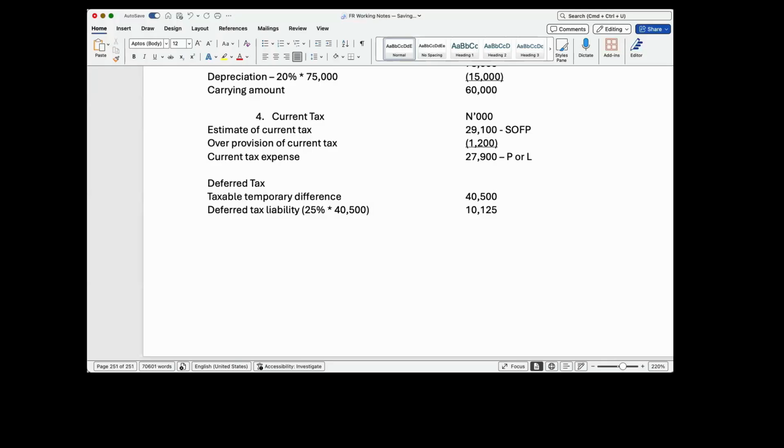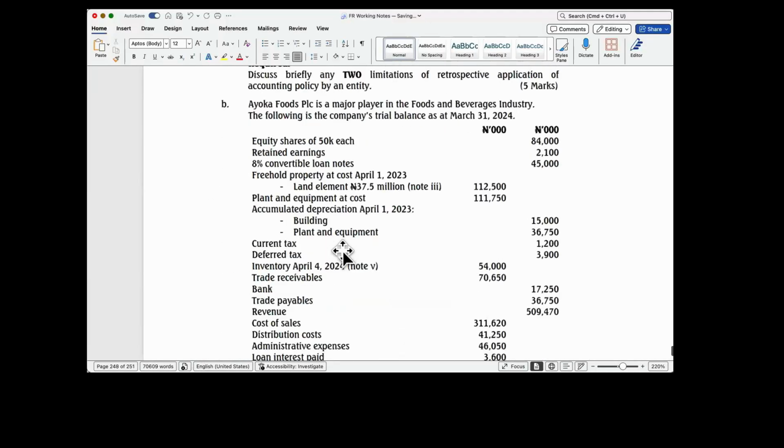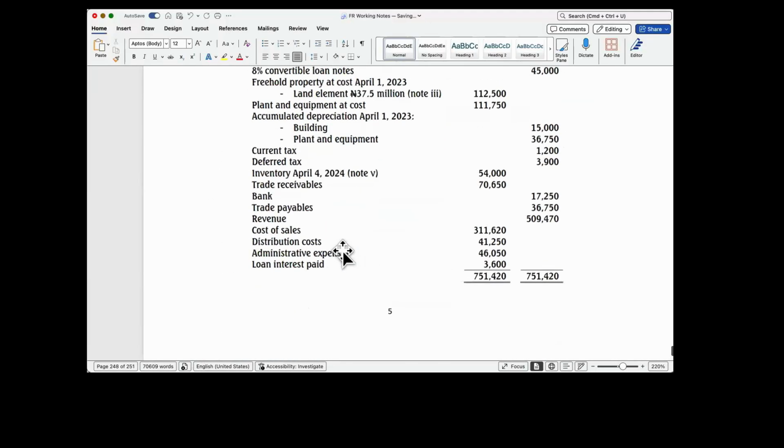So this is my deferred tax at the end of the year. This is my deferred tax that will show in the statement of financial position. I will compare that with the opening deferred tax. You'll find that in the trial balance. That's how much? 3,900.